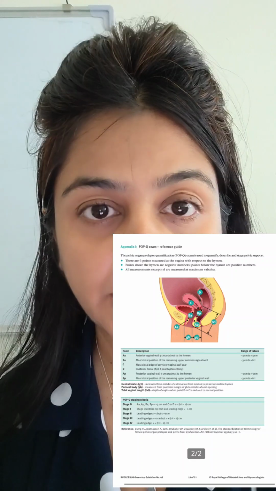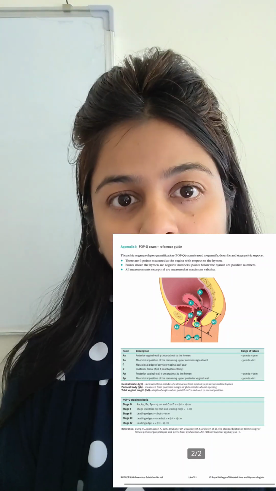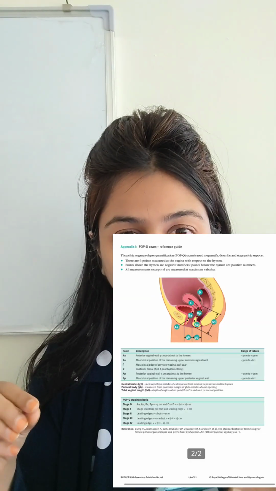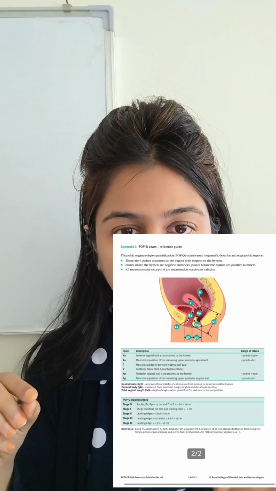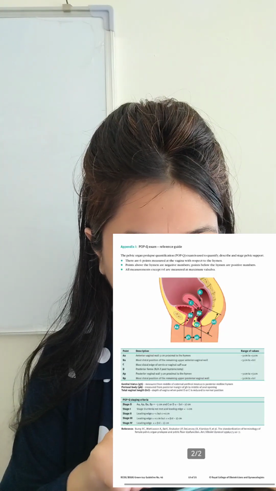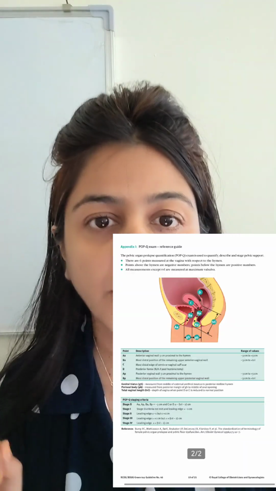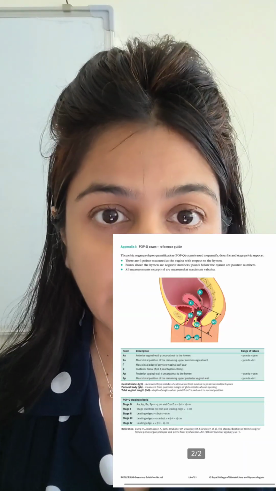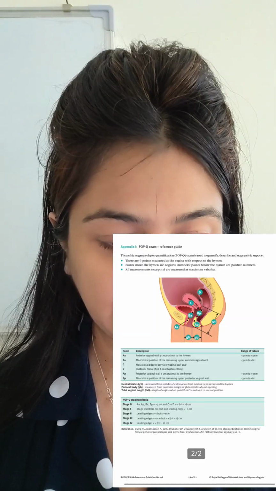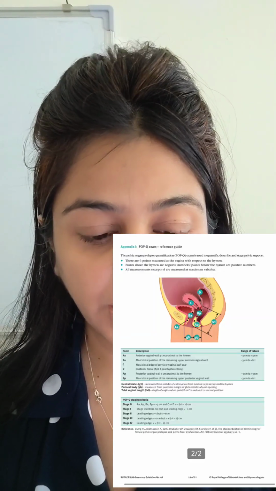Always remember this: any measurement which contains a small alphabet A, here you can see in this image Aa and Ba, is anterior. So what is Aa and what is Ba?